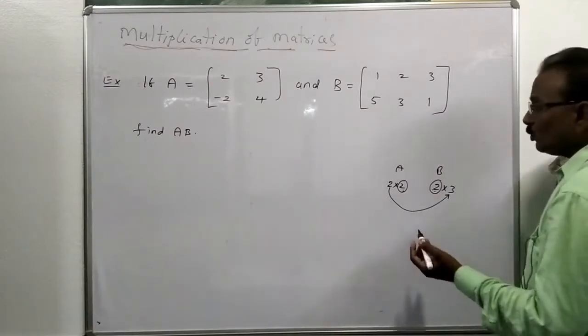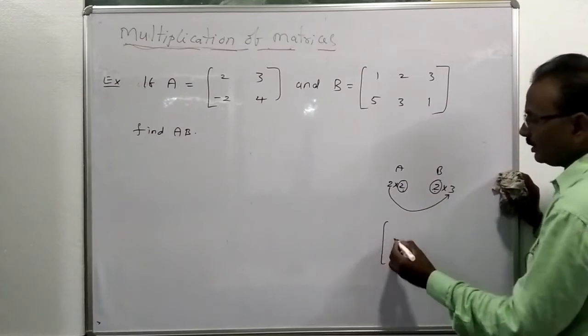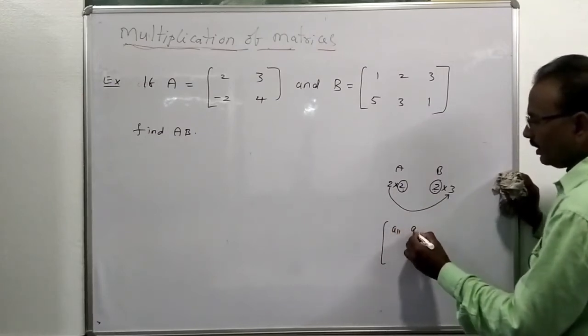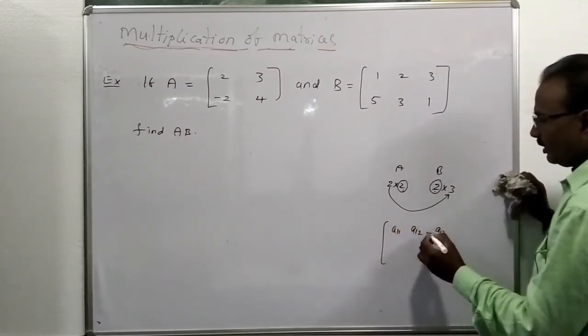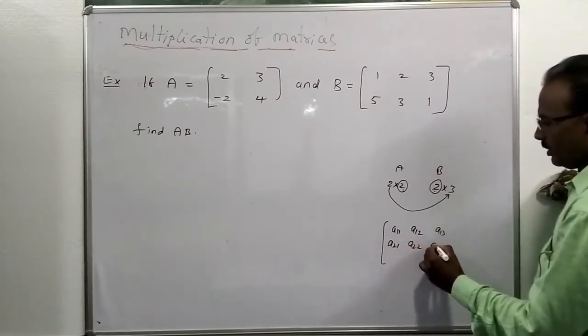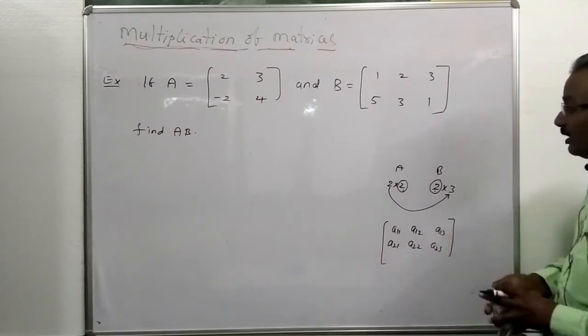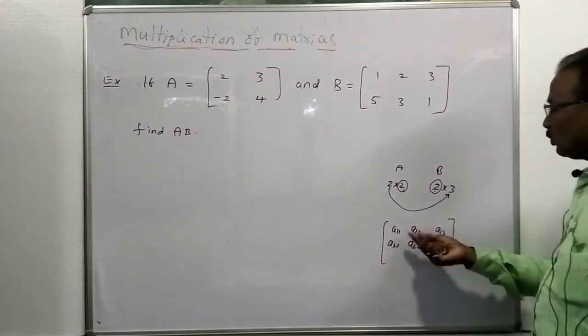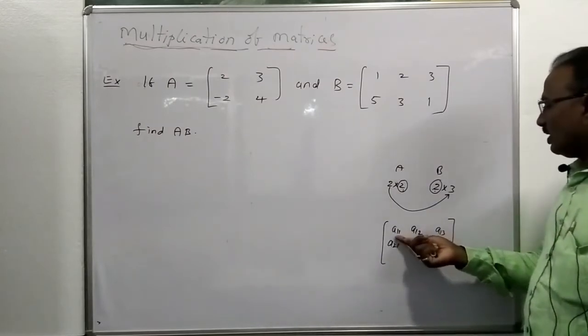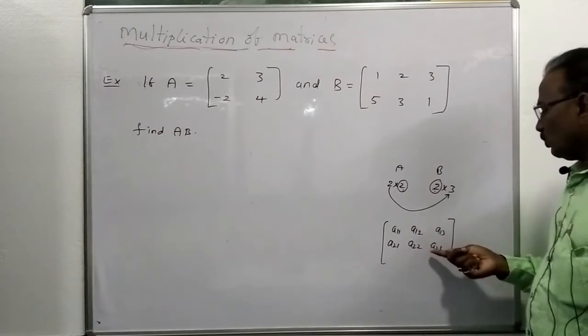So what is the general 2 by 3 matrix? The general 2 by 3 matrix is A11, A12, A13, A21, A22, A23. So this is the general 2 by 3 matrix whose elements are A11, A12, A13, A21, A22, A23.